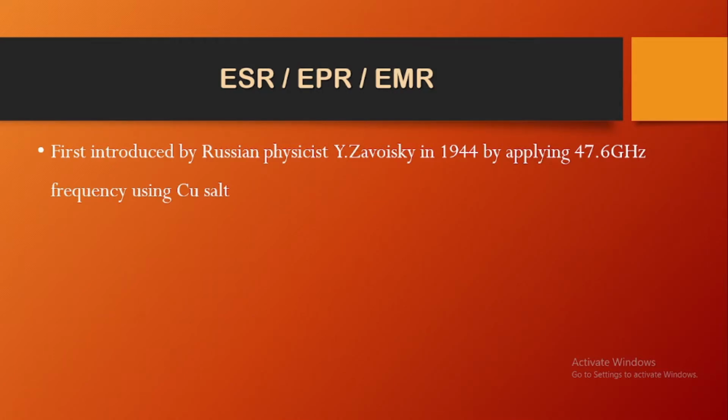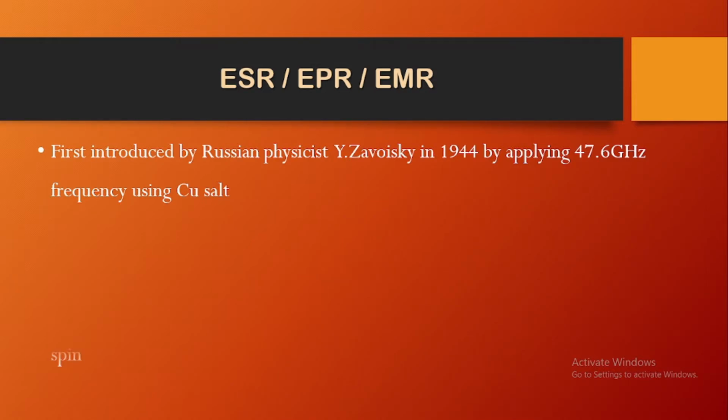So copper salt was taken, a frequency of 47.6 GHz was applied to that salt and the response was studied. The basic principle of ESR spectroscopy is closely related to NMR spectroscopy, but the application and instrumentation are quite different. If you have a clear idea about ESR, then NMR can be understood easily.